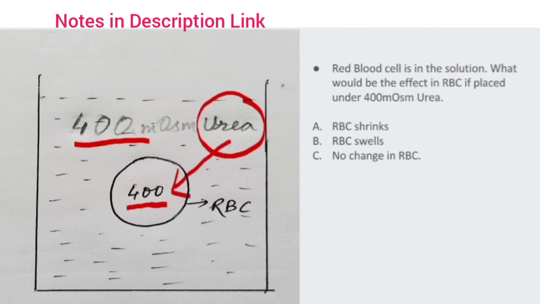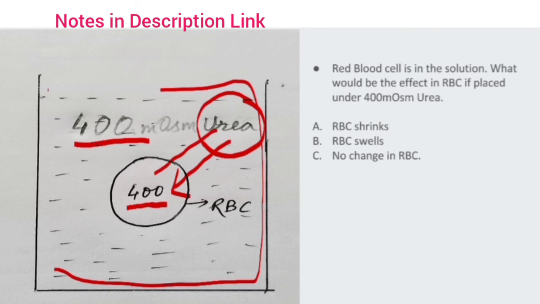So in this condition osmosis will not take place. The movement of water will depend upon the quantity of water. You can see that the quantity of this solution is more, so water moves inside the cell, that is, the RBC will swell.